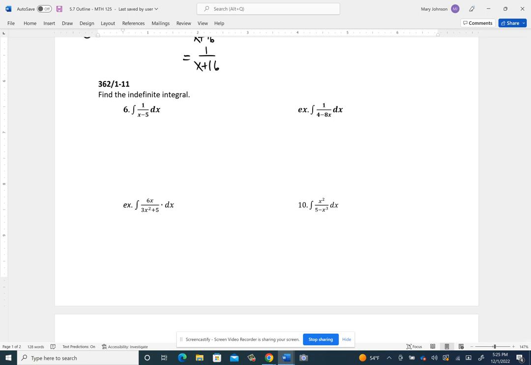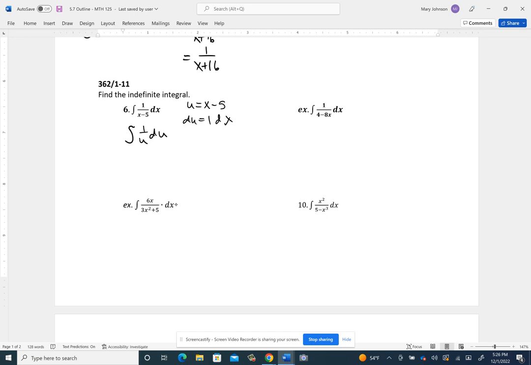On this one, once you recognize that it's the log rule situation, then you're pretty much ready to go. So u equals x minus 5, and du would just be 1. This is pretty straightforward. Here, what I'm trying to integrate is 1 over u du.